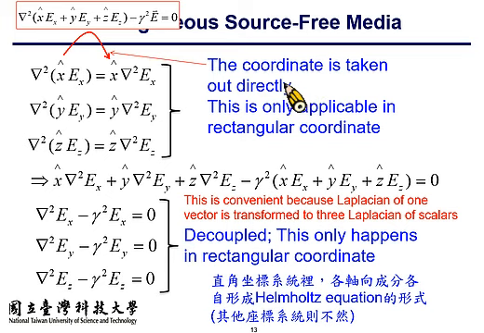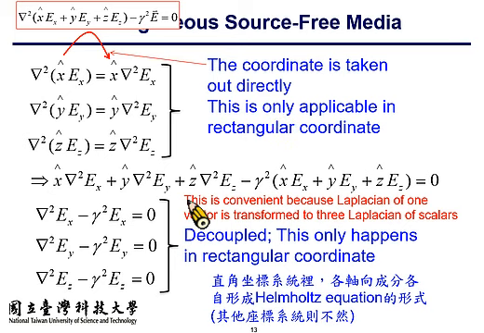It's not true for cylindrical coordinate and spherical coordinate, so be careful about that. But fortunately for the Cartesian coordinate system, the x, y, z axis can be pulled out directly like this.